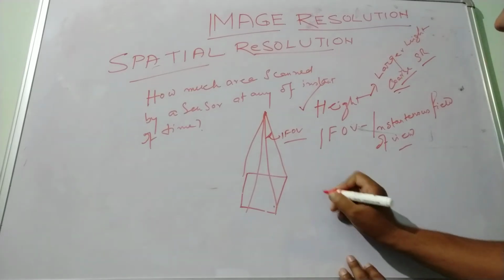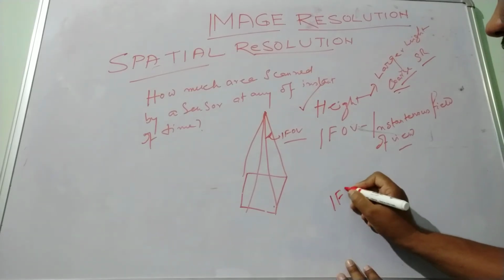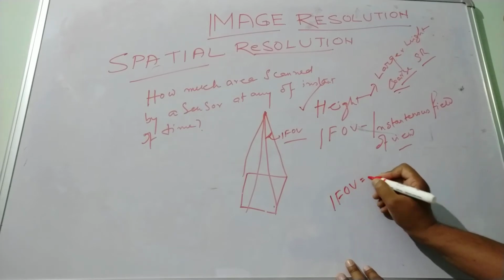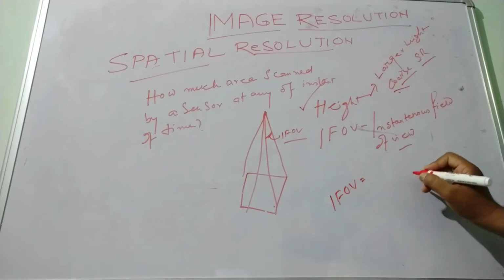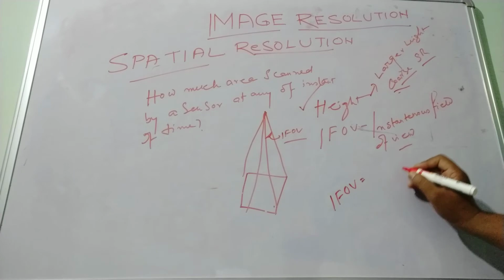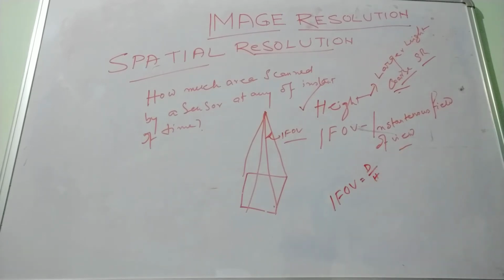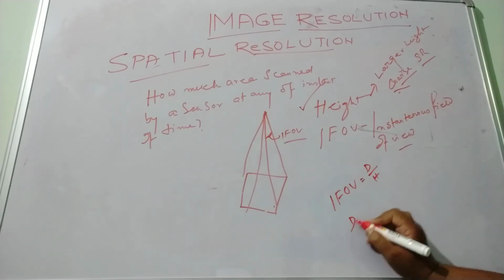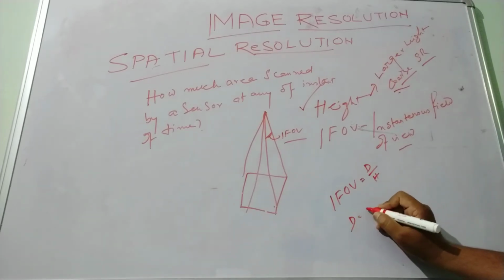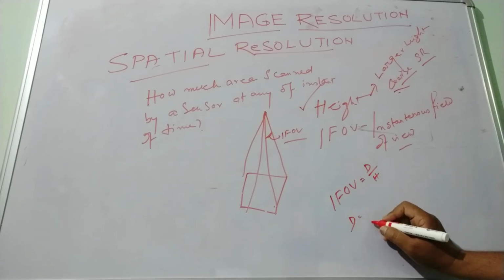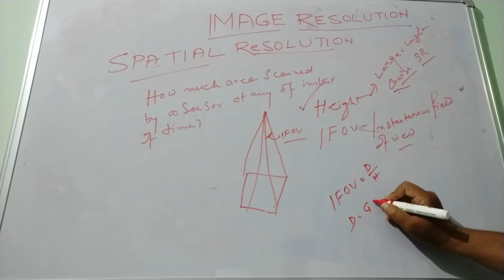It can be calculated as IFOV equal to D by H. So D is the object space or ground resolution cell.